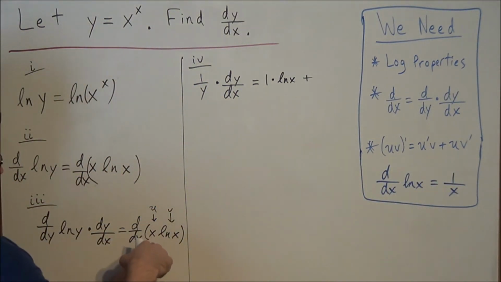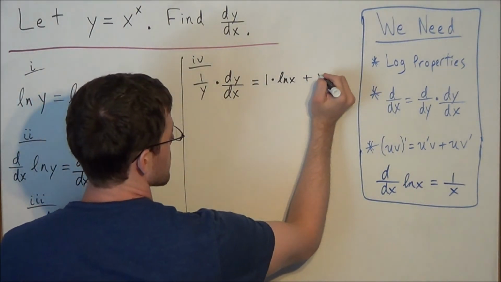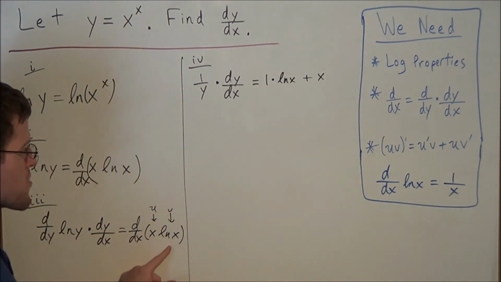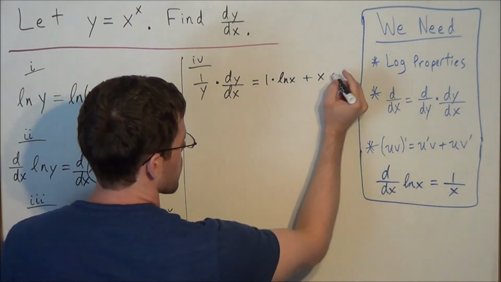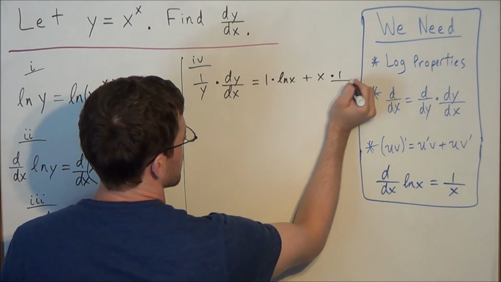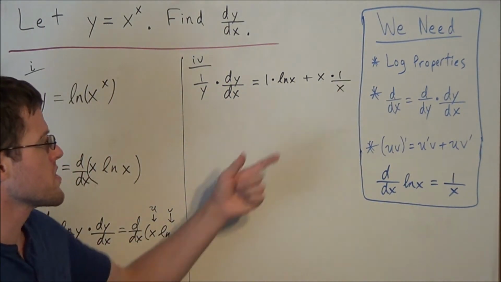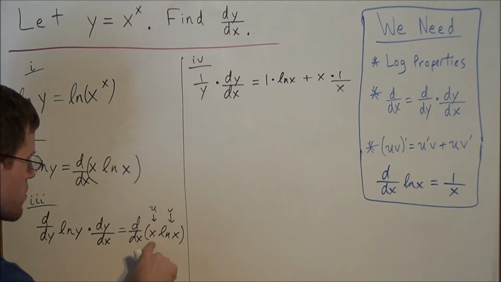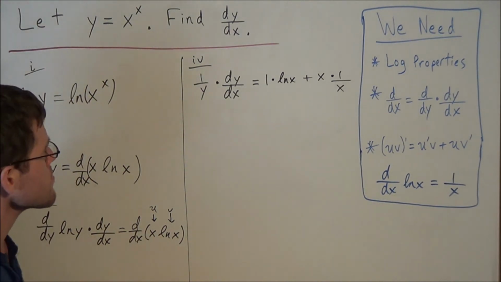So we have u, our function u is x, times v prime. The derivative of ln x is 1 over x. So all we did at this step was use the product rule on x ln x.